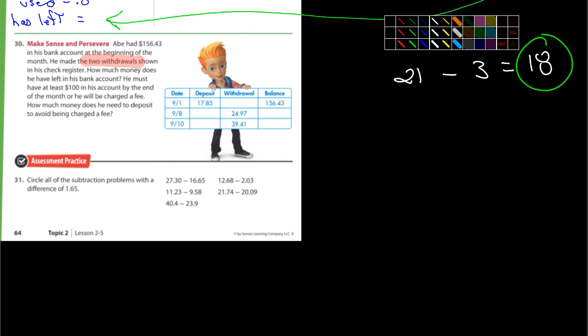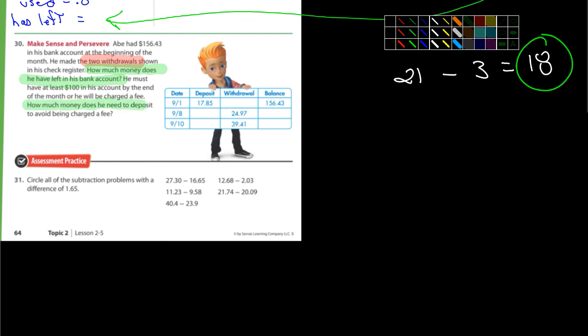And it says, how much money did he have left in his bank account? He must have at least $100 in his account by the end of the month, or he'll be charged a fee. So you've got to figure out how much money he has left after his withdrawals. And then it says, how much money does he need to deposit to avoid being charged a fee?